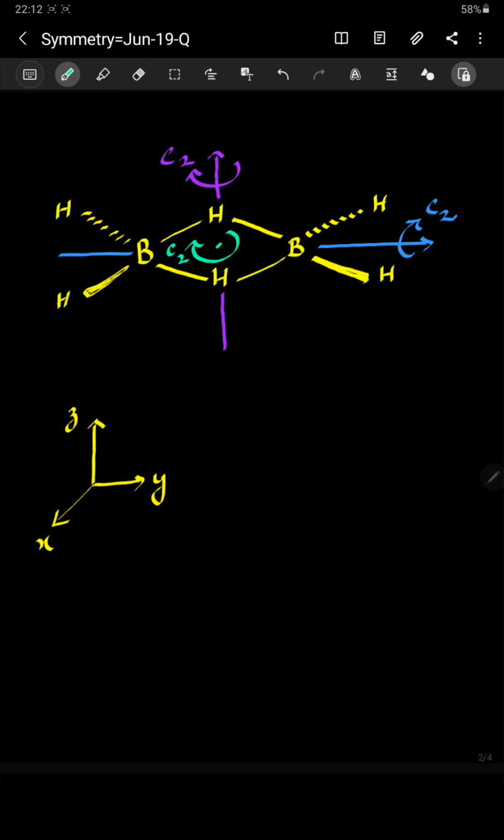Well, we got some idea: there is a C2 and two C2s perpendicular to the main C2. Wherever you find a C2 and two C2s perpendicular to it, such a molecule belongs to the point group called D2.